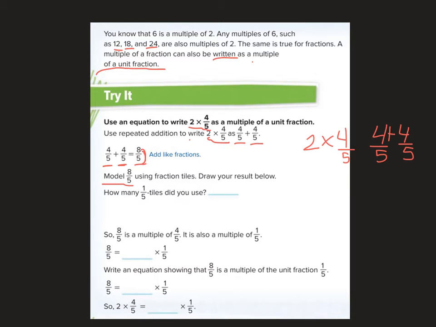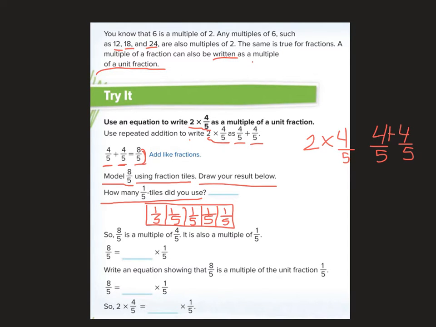So model 8/5 using fraction tiles. Draw your result below. How many 1/5 tiles did you use? So here we go. Here's my one whole. 1, 2, 3, 4. So this would be 1/5, 1/5, 1/5, 1/5, 1/5.